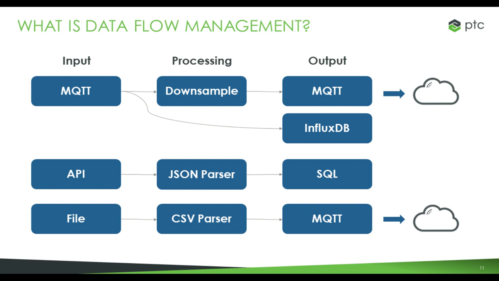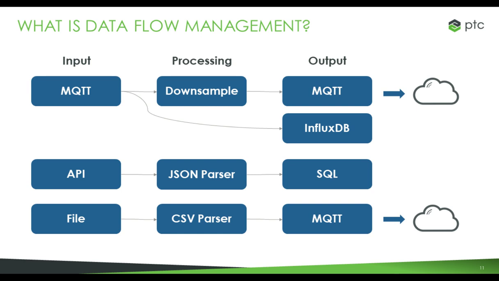Say you're using Azure or AWS and you want to visualize that data in the cloud. So with data flow management, you can add a node with that logic around maximum values, send the maximum value every hour, and only send that downsampled data to a cloud solution where you're being billed by the amount of data that you're sending.